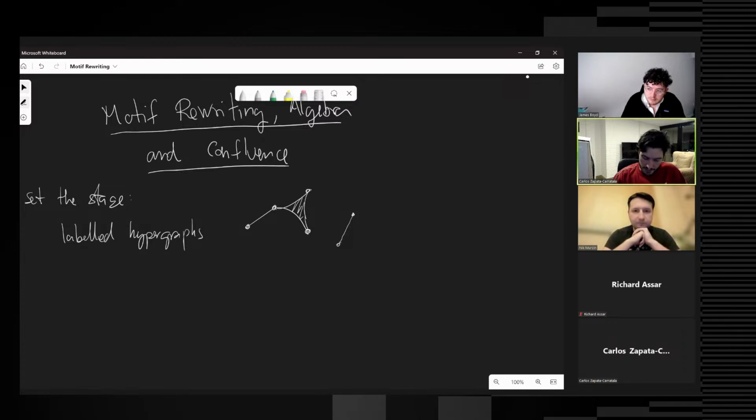For the sake of concreteness, I'll just label the vertices, but technically, both vertices and edges are going to be labeled. So you could do A, B, C, D, E, F, G, H, or whatever. So everything is labeled.